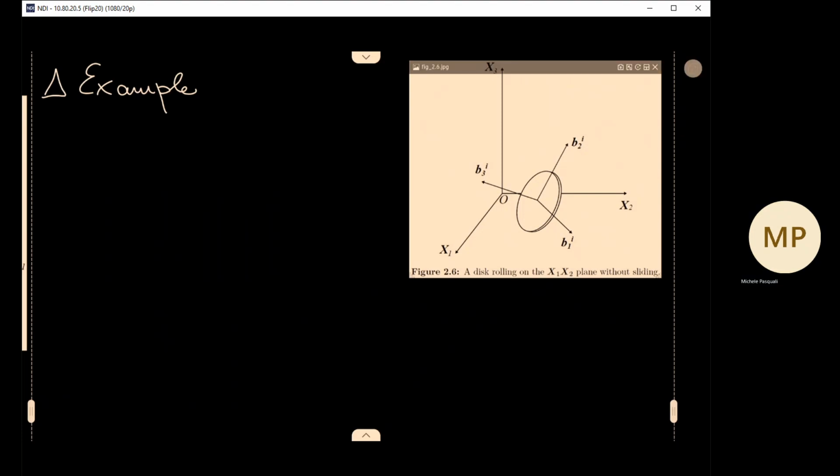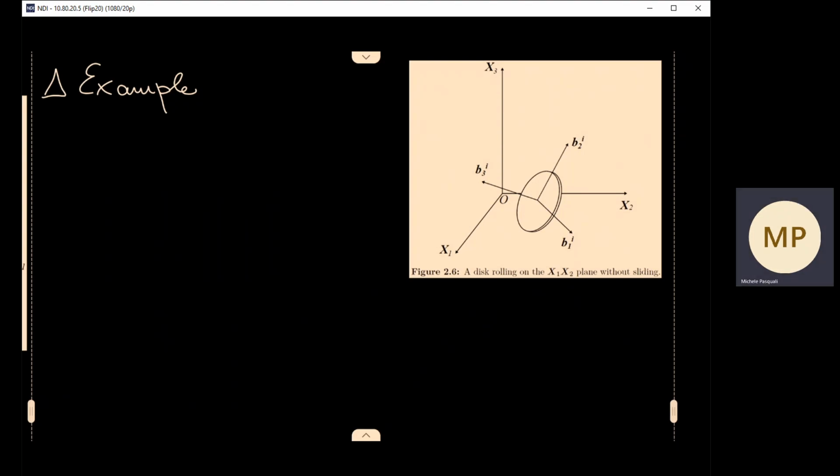We just toss it on the floor and let it roll. And we want just to enforce the fact that this rolling motion of the coin over the floor takes place without sliding.